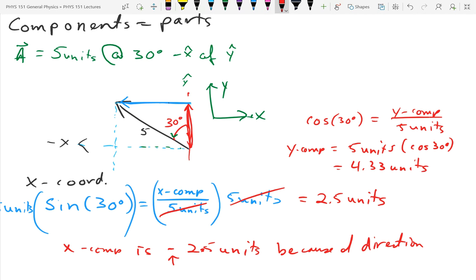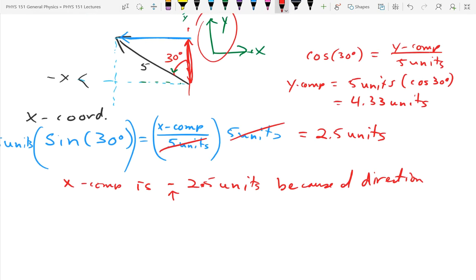So 4.33 units. Is that positive or negative? How can I tell? Is it parallel or anti-parallel to my y direction? My y direction has up as positive. Did I go up or did I go down? I went up. Anti-parallel means the opposite direction, so anti-parallel would have been down. Since I went up, it was positive.